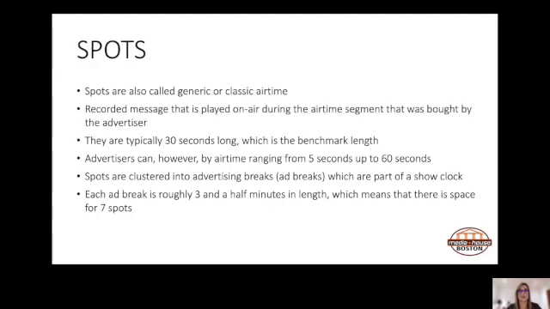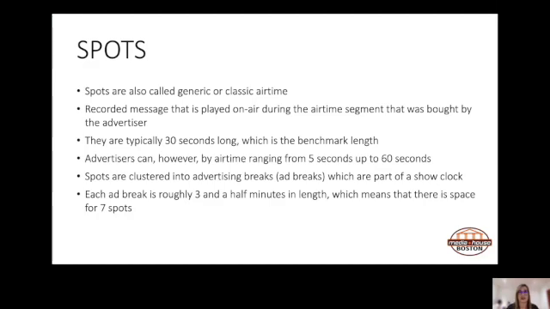However, advertisers can buy airtime ranging from 5 seconds up until 60 seconds if the radio traffic manager has a means of scheduling it in a defined advertising break and there's space in the schedule. Most brands or advertisers would simply buy a 30-second spot because a 60-second spot is way more expensive.